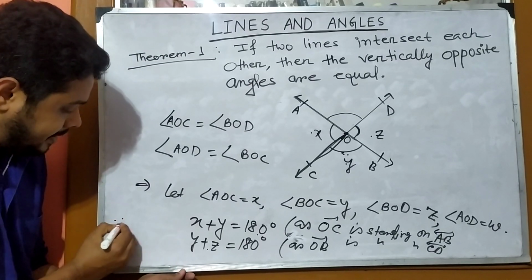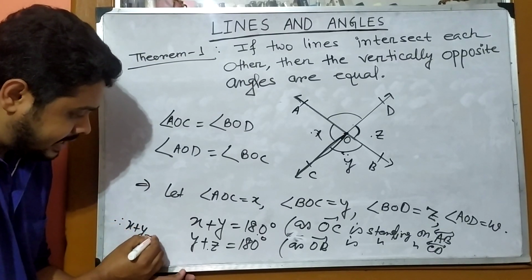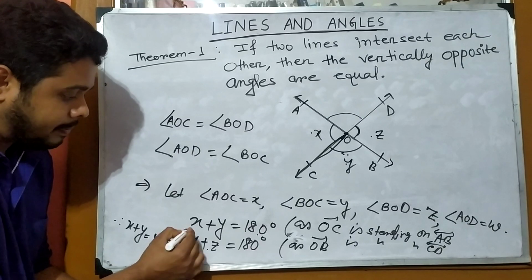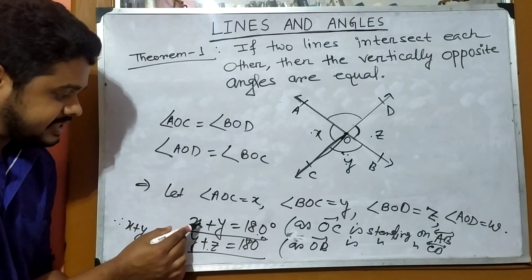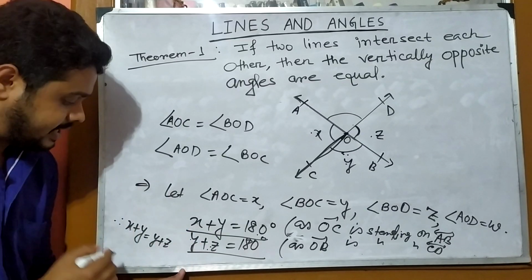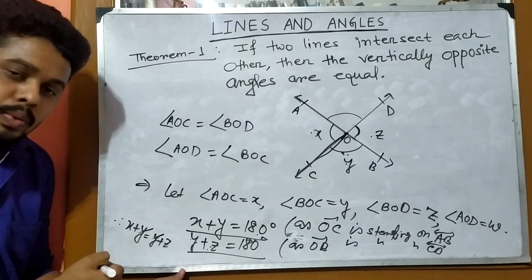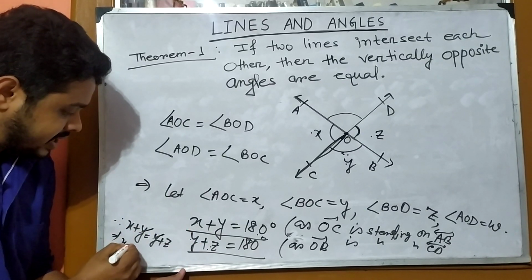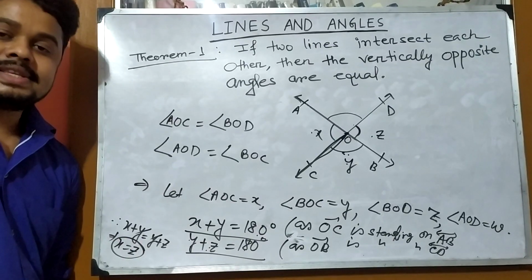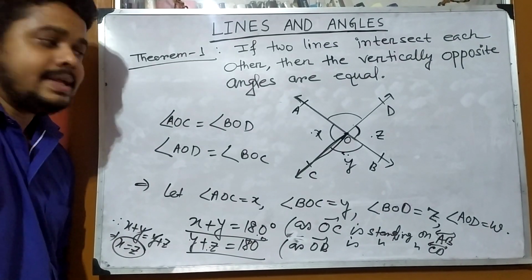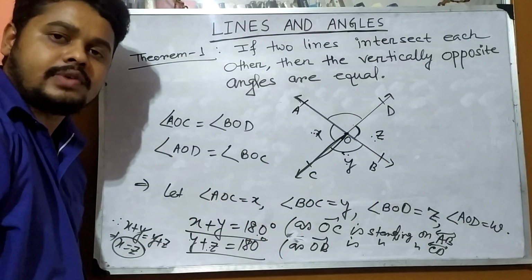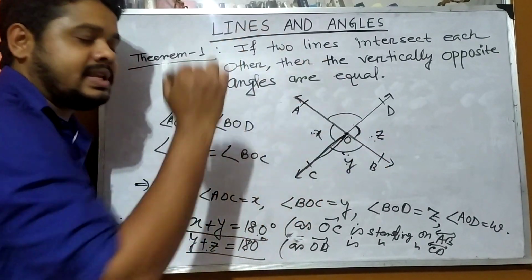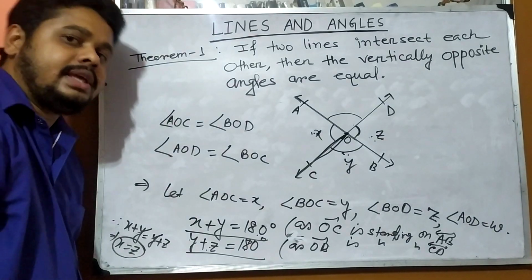So we can say X plus Y equals Y plus Z. Now cancelling Y from both sides, we can write X equals Z. So X is the vertically opposite angle of Z. So we can say vertically opposite angles are equal.